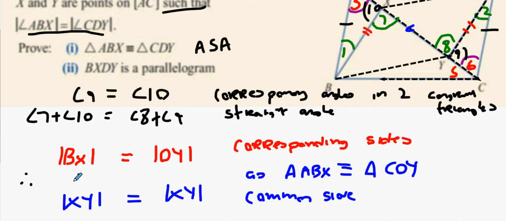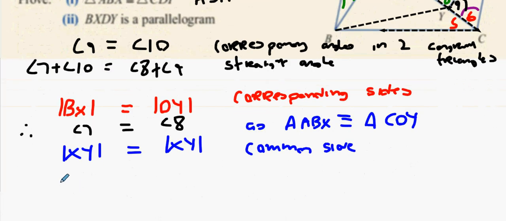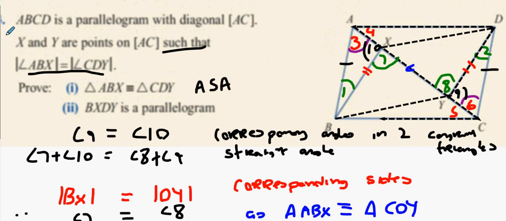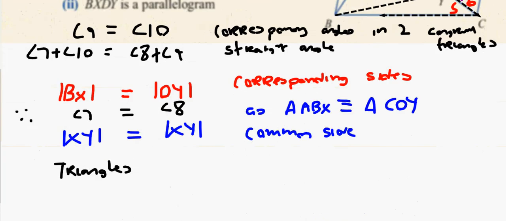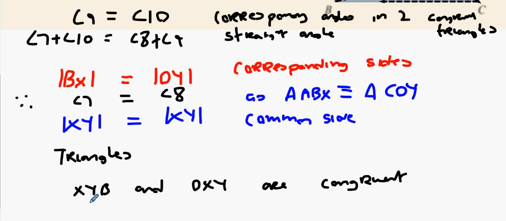Angle 7 equals angle 8. And what can we say then? Triangles are congruent by ASA. Now, what two triangles are we talking about? XYB and DXY. XYB and what's the other one? DXY. Congruent. Hence, what's the parallelogram then? XBDY is a parallelogram.